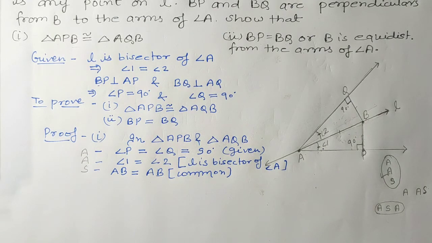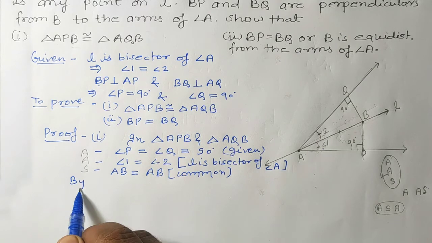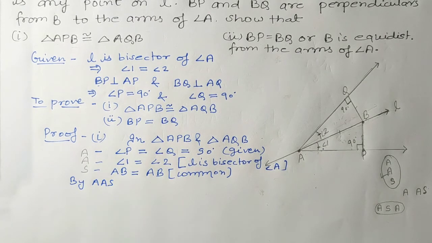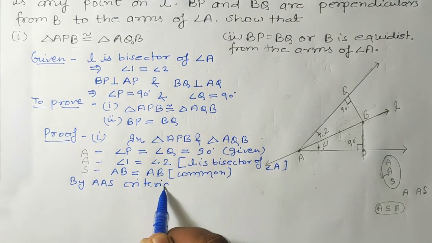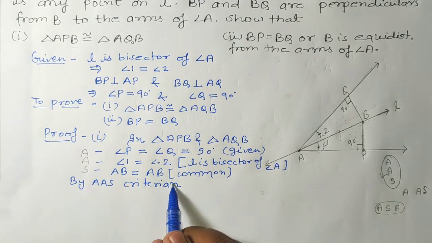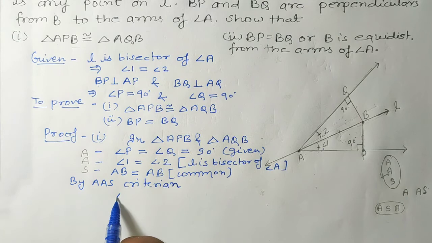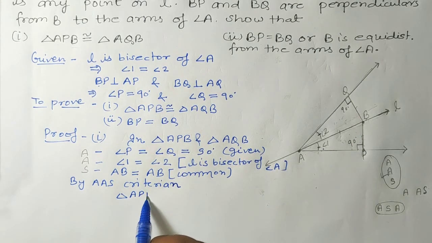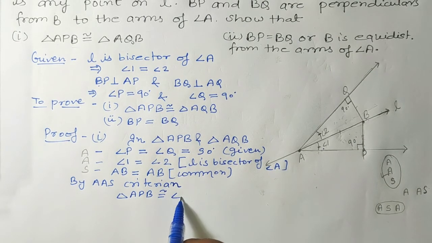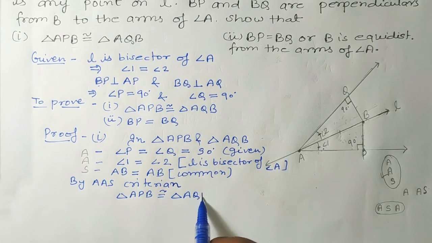So by the angle side criterion, this is singular, so it will be criterion, triangle APB is congruent to triangle AQB. Okay students, so these two triangles will be congruent. This was the first part.